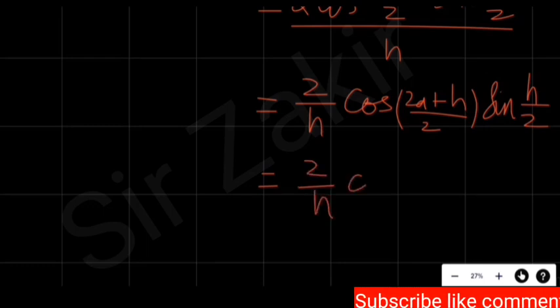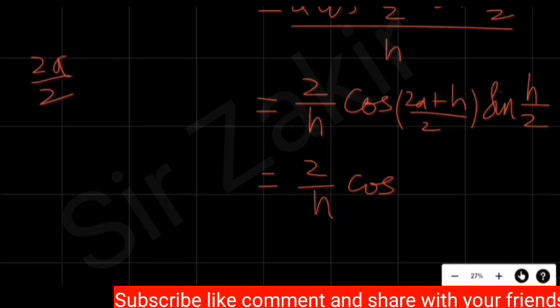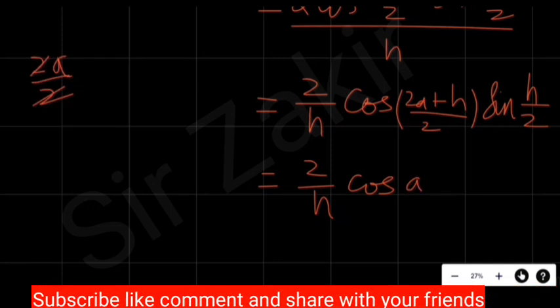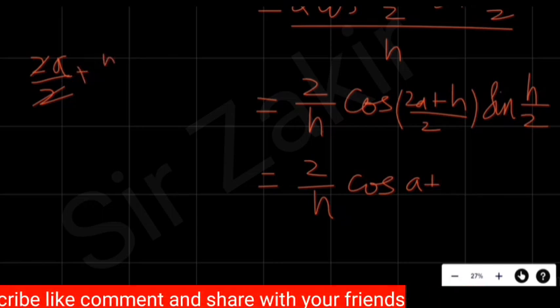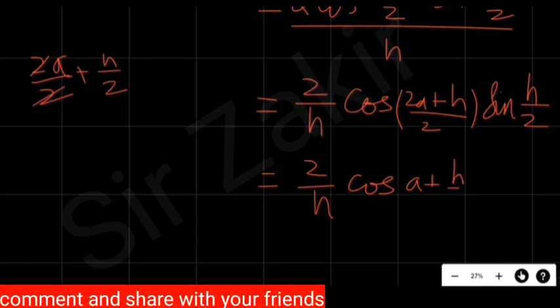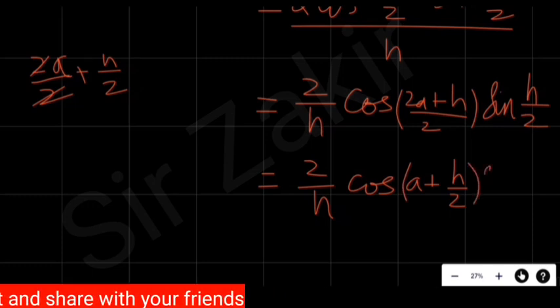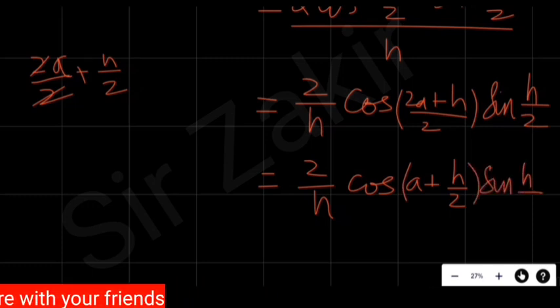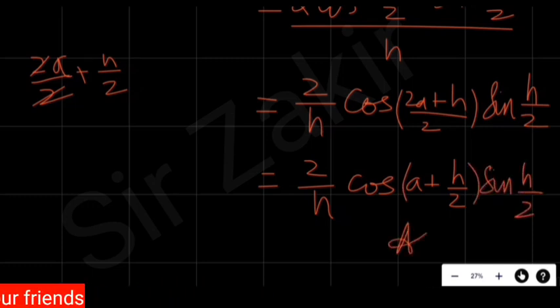This can be simplified further. 2 by h cos, 2a by 2 if we write separately, 2a by 2 becomes a, and other value will be h by 2. So this is angle of cos and sine angle is h by 2. This will be answer.